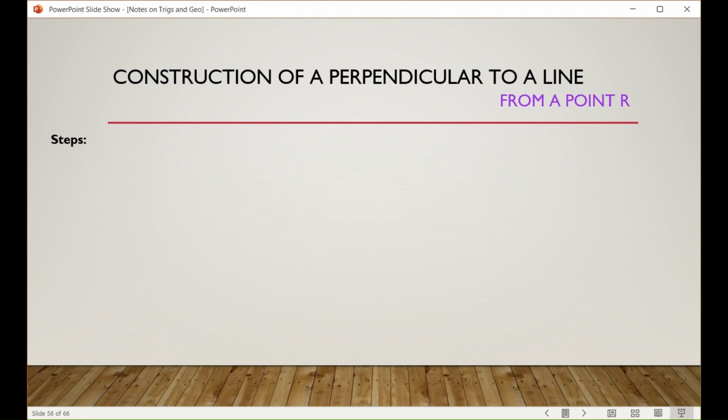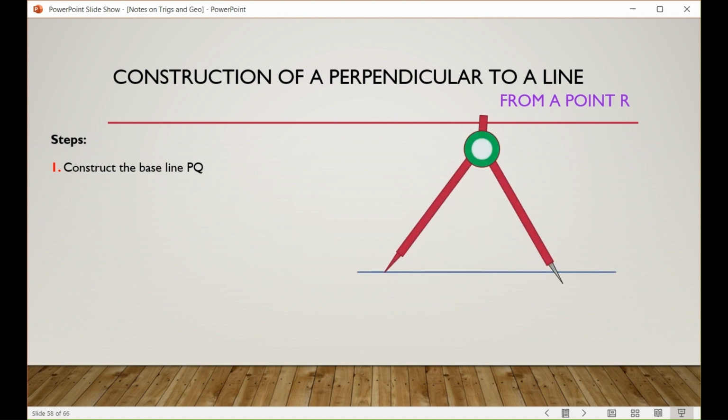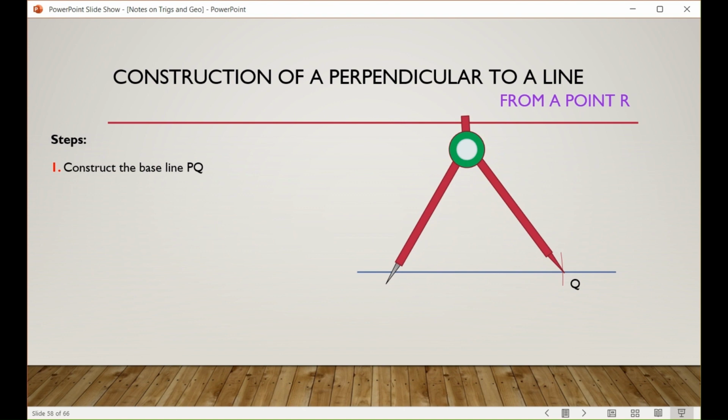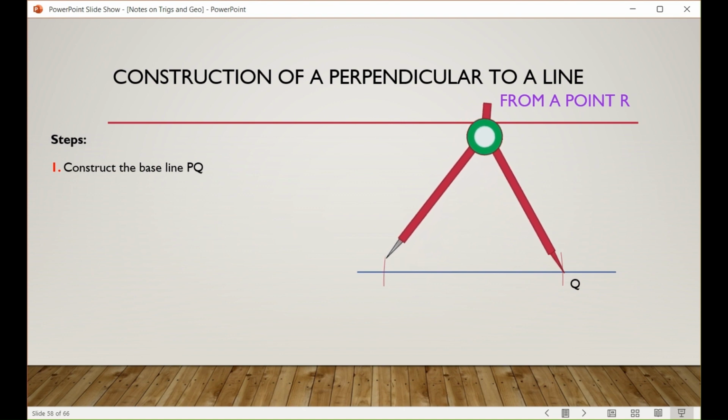And now let's think of the next skill, construction of a perpendicular to a line. So let's now construct our baseline, and following the same formal steps, we go a little in, not on the edge, and we rest our compass and cut our lines, and we get Q, and we'll get P accordingly to whatever lengths you want. It doesn't matter.